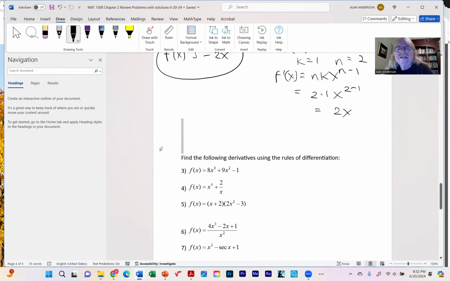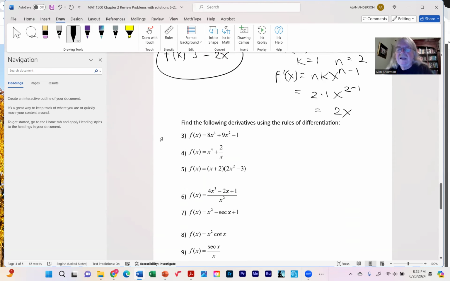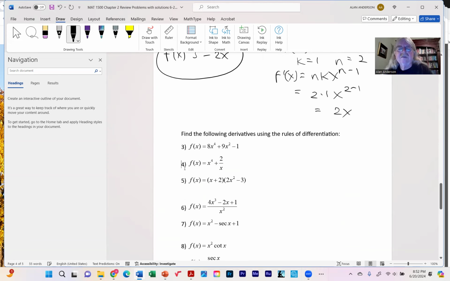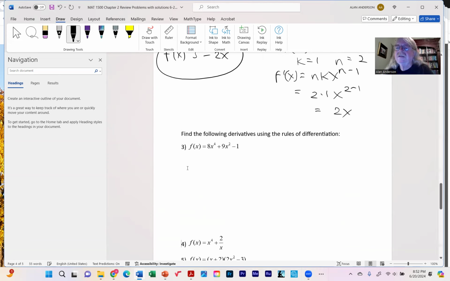So here, it's not telling us which rule to use. We have to figure that out. That's our job. So this first one looks pretty straightforward. It's a simple polynomial, which means we'll be applying the power rule to all three terms. So again, let's quickly repeat what that looks like.